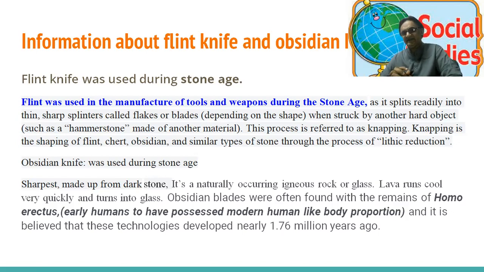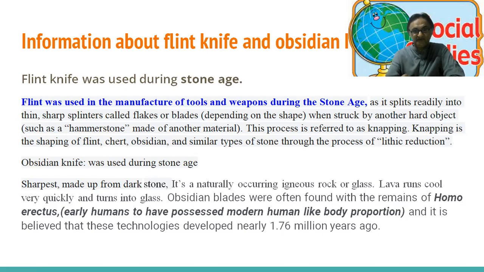Homo erectus is when humans started to develop body proportions like modern humans, with their structure, standing, shape and face looking a bit more civilized, not like animals. Early humans possessed modern human-like body proportions. This is called Homo erectus, and it's believed this technology developed nearly 1.7 million years ago.